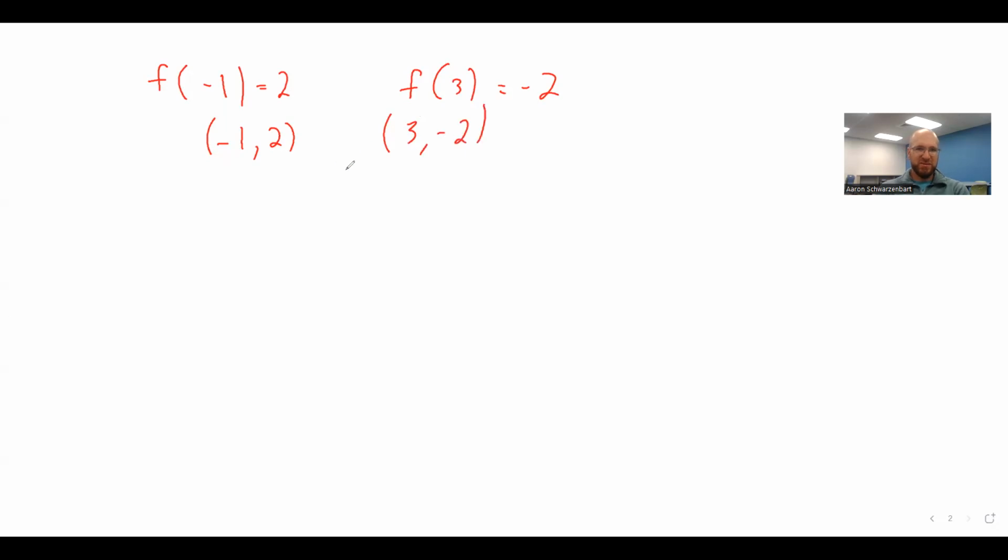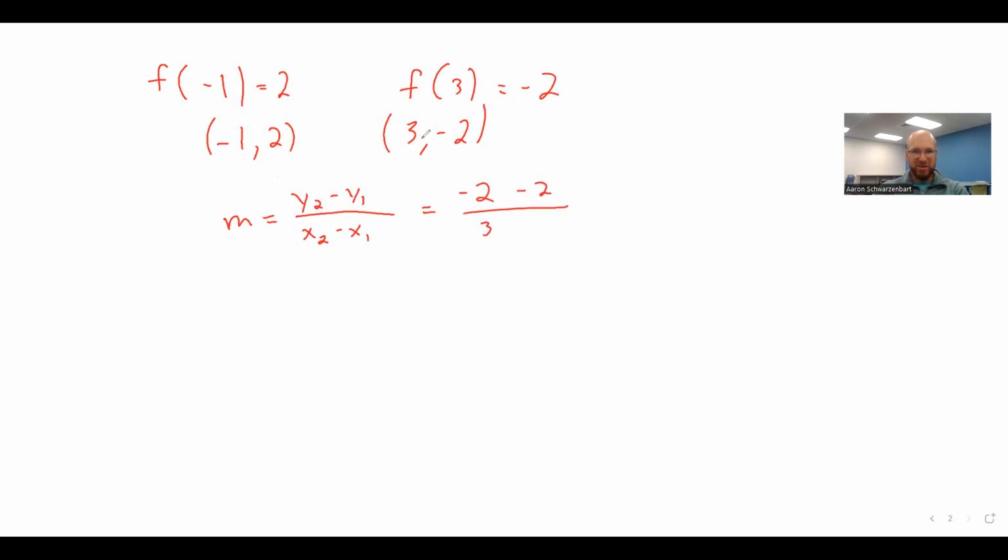So to write the equation for a line, what do we do? Start by finding the slope. Remember the slope formula, y2 minus y1 over x2 minus x1. Pretty sure that's somewhere in your Bible. Doesn't matter which y's go first as long as I match.